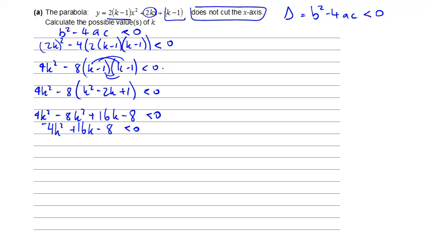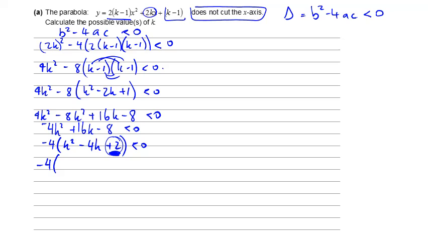Take negative 4 out the front of the brackets as a common factor. You get k squared minus 4k plus 2 is less than 0. So I factorise this. Two numbers that multiply to 2 that add to negative 4. K minus 2. No, they don't. What am I doing? There aren't two numbers that multiply to 2 that add to negative 4.